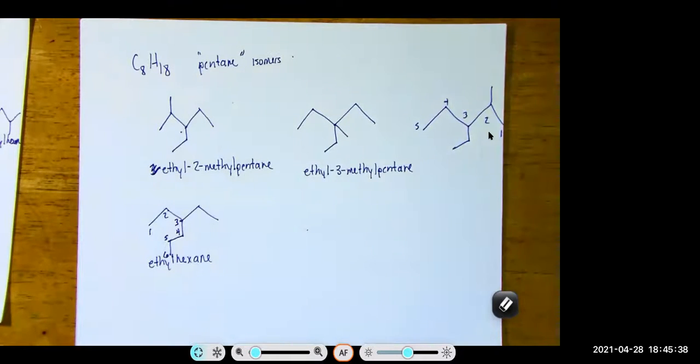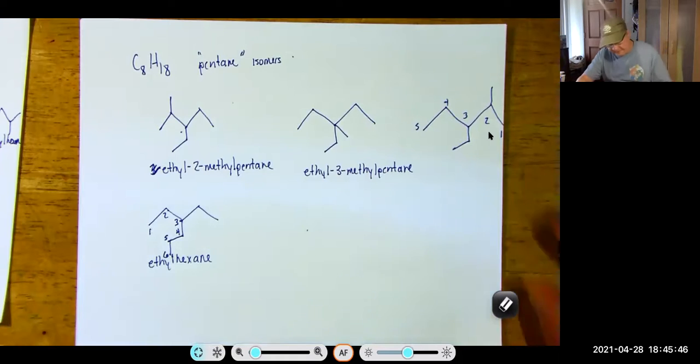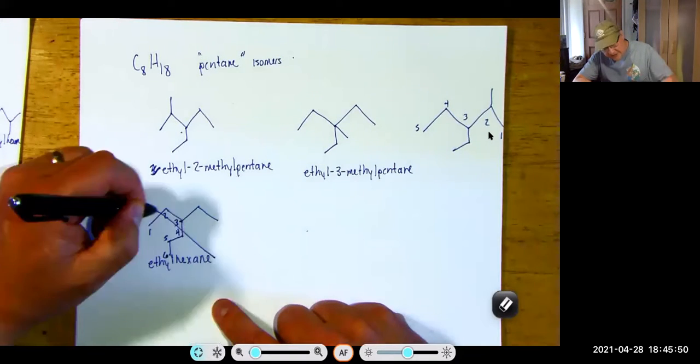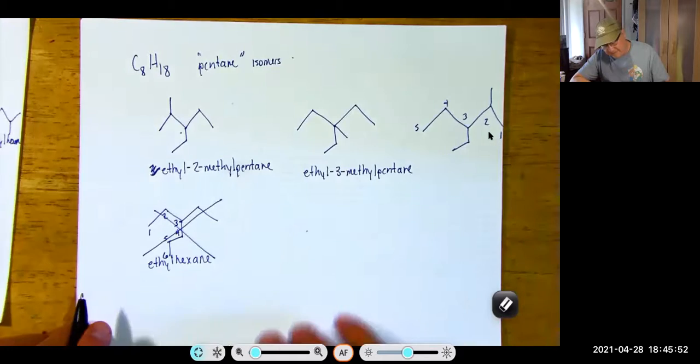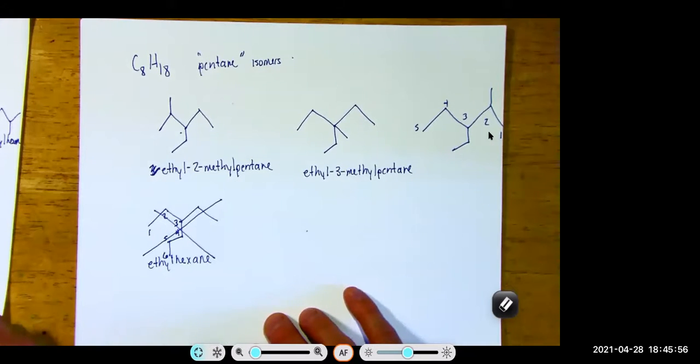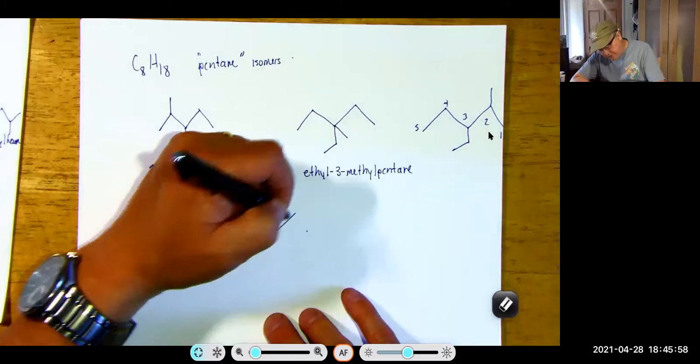Right. Is it okay if we draw it with a little extra dot in the center? Yeah, I don't care. Okay, so do you see that this is not a pentane? Mm-hmm. So that's why I didn't do a propyl. Now we could do this though.